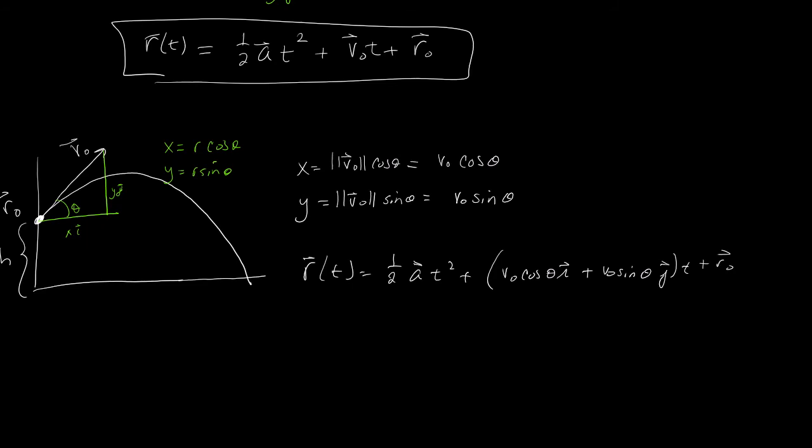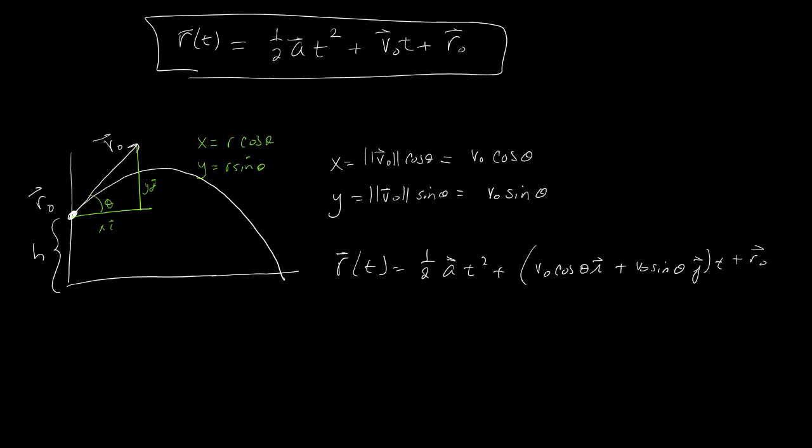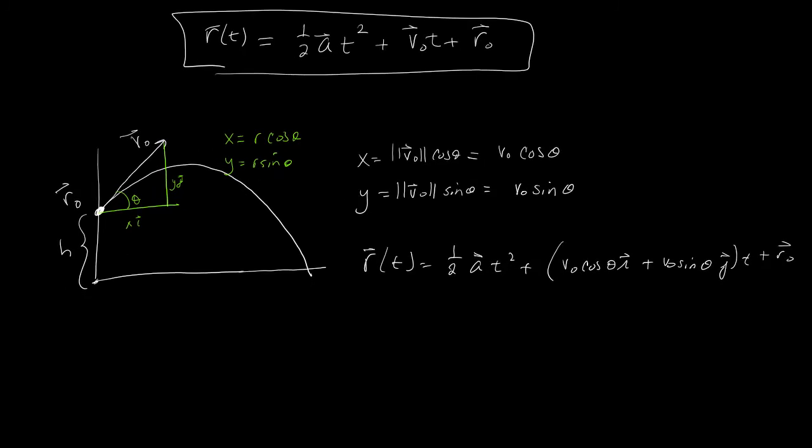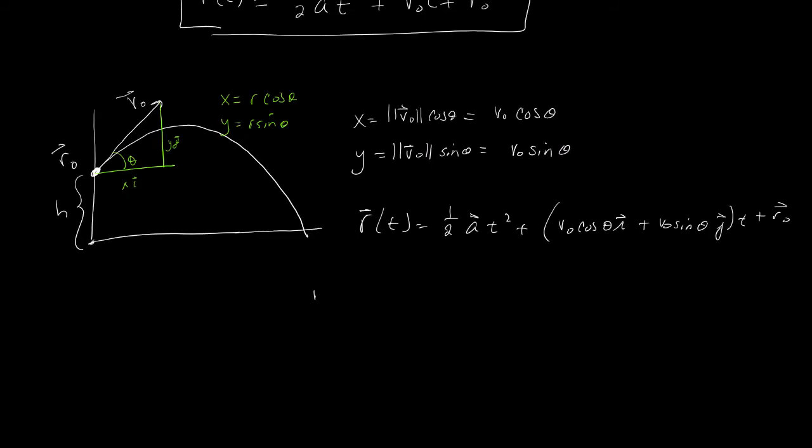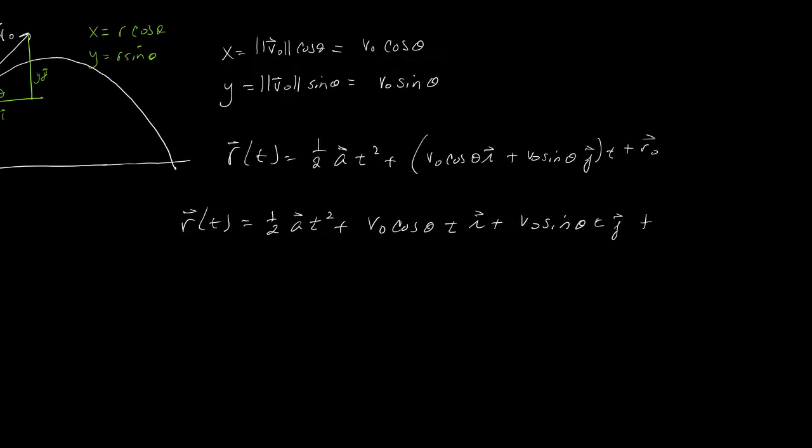Okay, and then what is r naught? Well, r naught is straight up from the origin, so r naught is just going to be the initial height h in the j direction. So r of t is equal to 1/2 a t squared plus v naught cosine theta t in the i direction plus v naught sine theta t in the j direction plus h in the j direction.